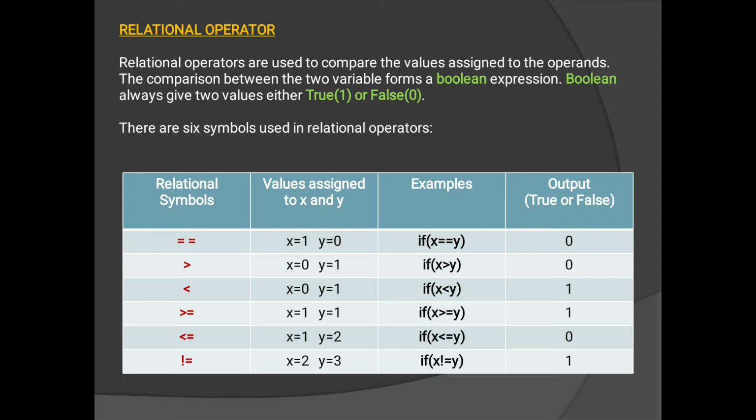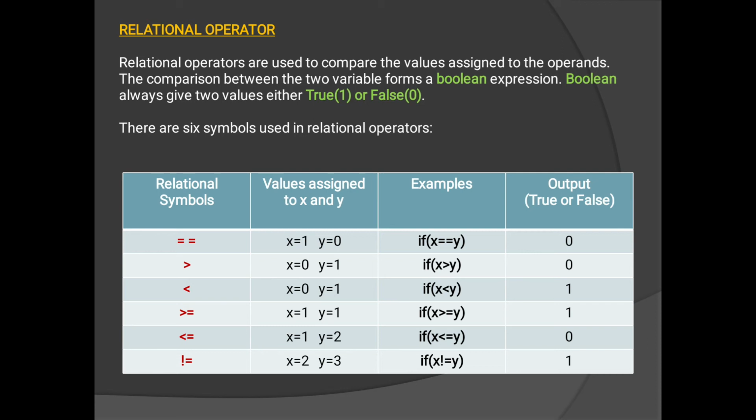Now the last one is not equal to, that is denoted by the exclamation mark and equal to symbol. So here x is given the value 2 and y is given the value 3. So if 2 is not equal to 3, this is used to compare that both the values should not be equal.